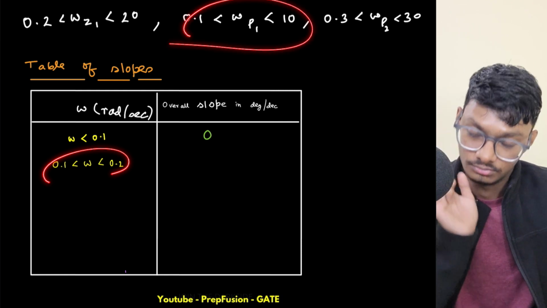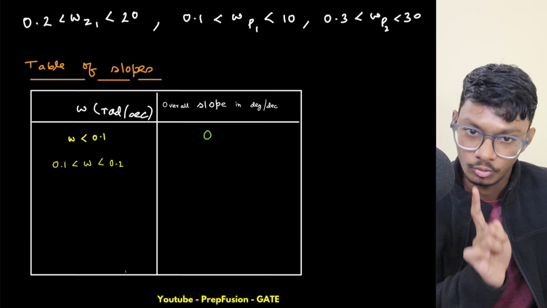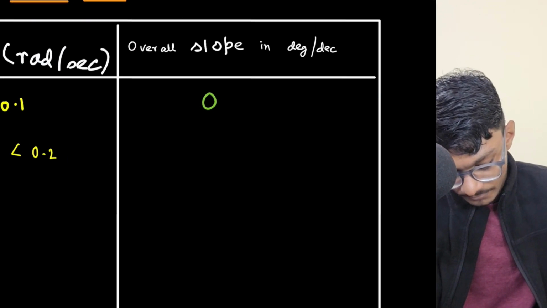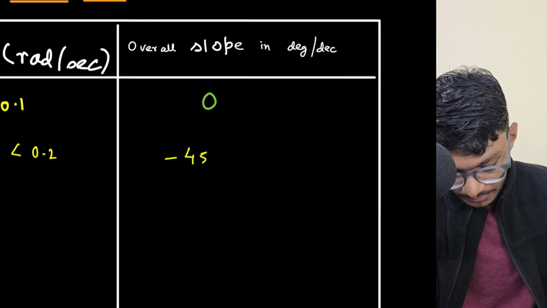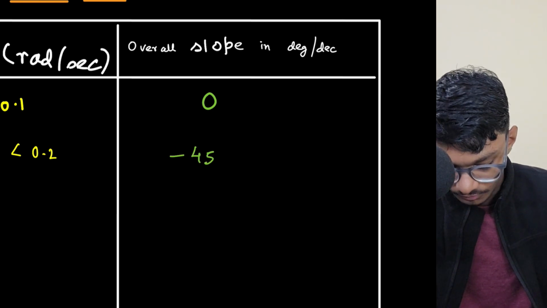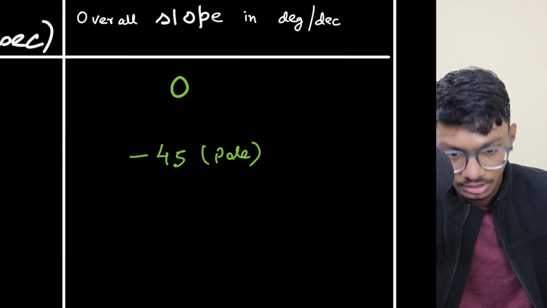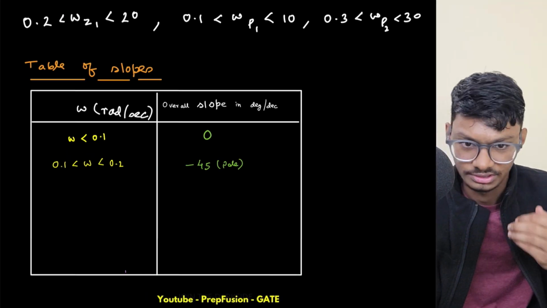So only the effect of this pole is coming. What will be the slope due to the pole? Minus 45 degrees per decade. Let me do this in green. Only due to the pole. I think we have already done this. The result will come the same.